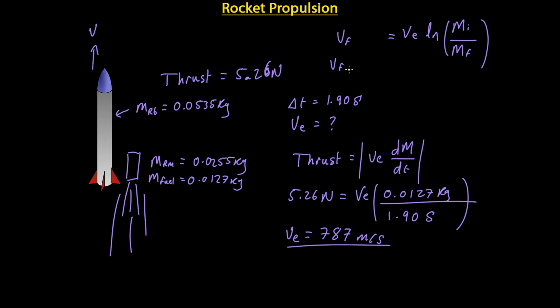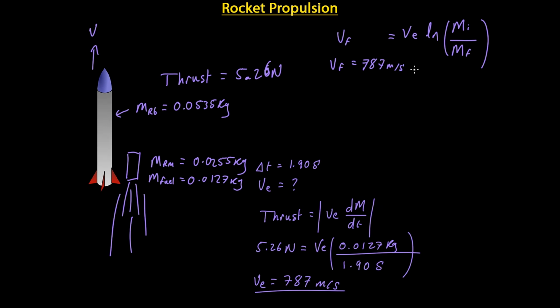We've got the final velocity is equal to 787 meters per second times the natural logarithm of the initial mass. So the initial mass is going to be the mass of the rocket motor. And this is the total mass of the rocket motor itself plus the fuel, so 0.0255 kilograms, plus the mass of the rocket body itself, 0.0535 kilograms.